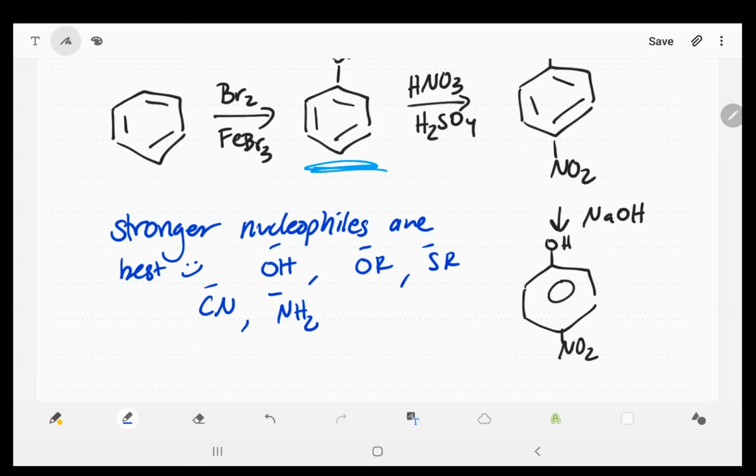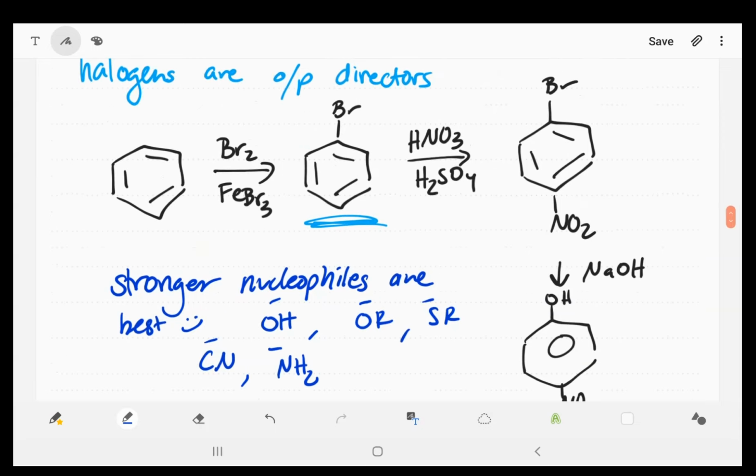So, fun stuff. If we do want the NO2 and an amine on there, remember that we can't nitrate something that has an amine on it. But we can use it as a nucleophile and kick out the bromine.